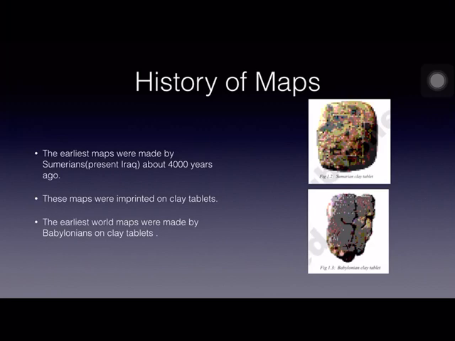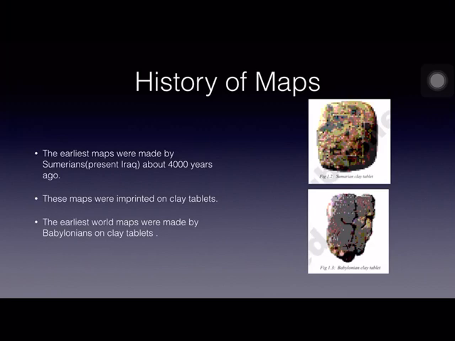About 4,000 years ago, these earliest maps were made by the Sumerians, and they were imprinted on clay tablets. You can see the clay tablets in the picture. The first one is made by the Sumerians. These maps were imprinted on clay tablets because at that time there was no paper.